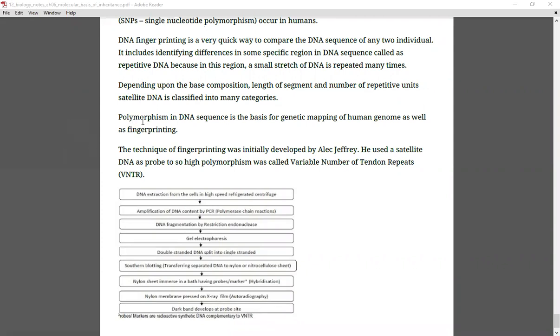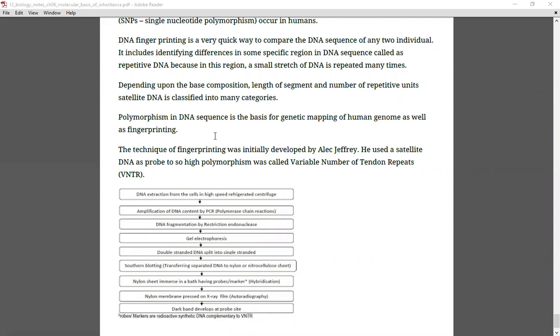Then the polymorphism in DNA sequence is the basis for genetic mapping of the human genome as well as DNA fingerprinting. Polymorphism, poly and morphism, the morphism of so many genes, right? So if there is presence of different genes which are coding for different characters, then that DNA is said to be polymorphic DNA.